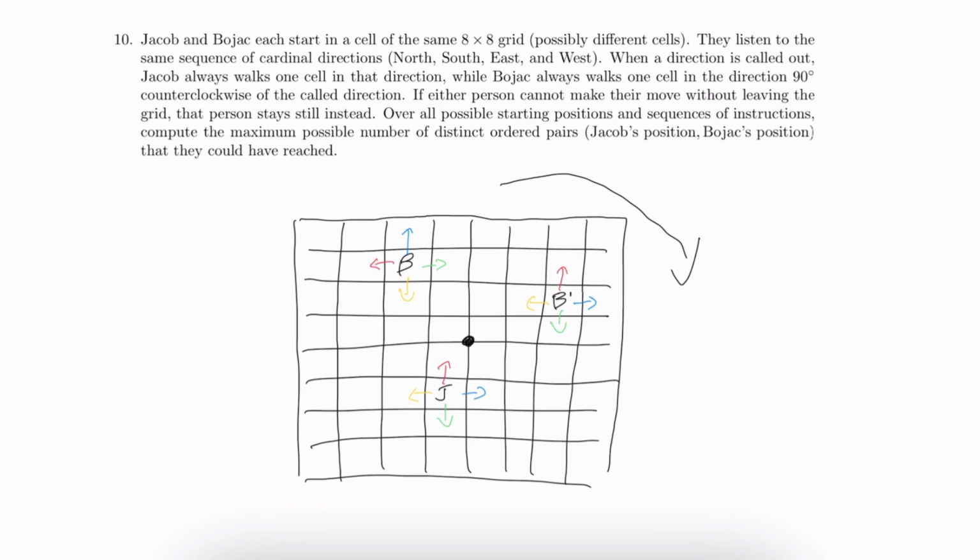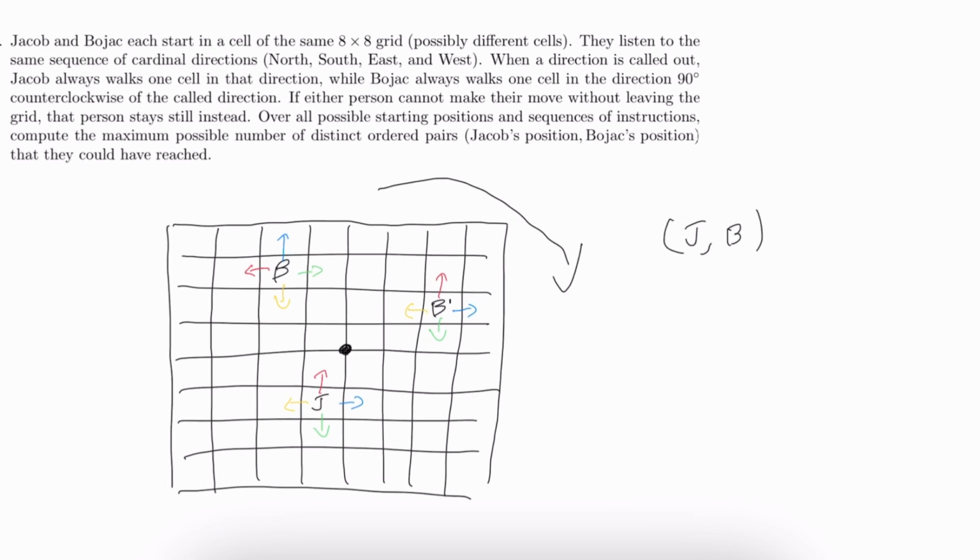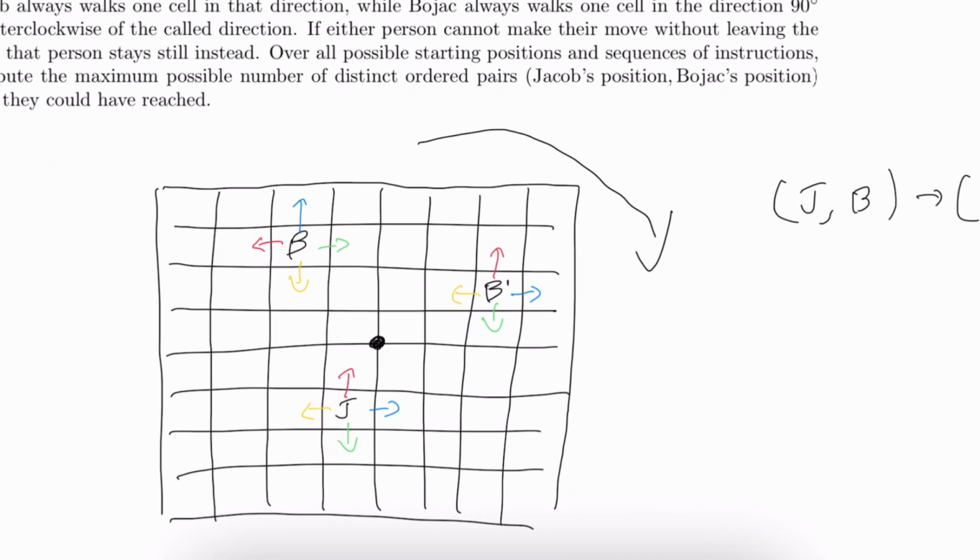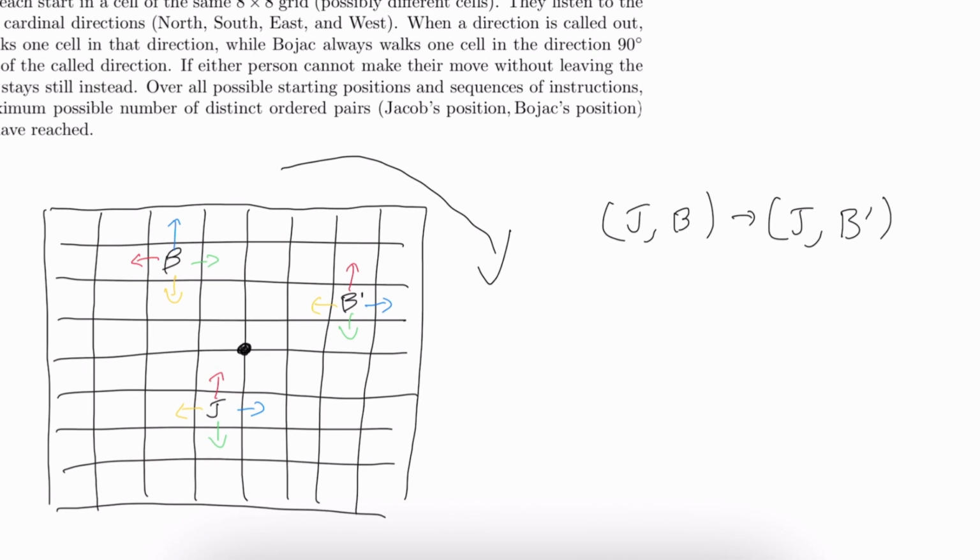And so, in terms of counting the number of distinct ordered pairs of Jacob's position and Bojack's position, we see that any ordered pair J and B is a one-to-one mapping to any ordered pair J and B prime, because B and B prime are moving in the same way.